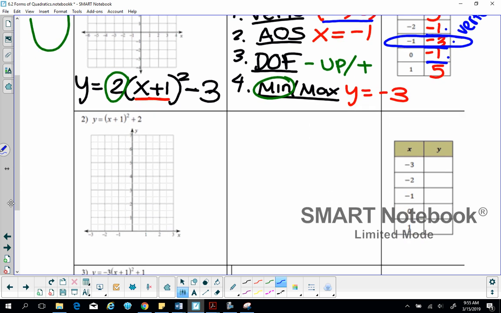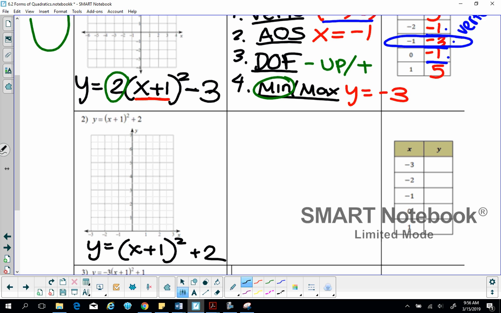What form is that in? What form is this one in? The next one. Standard.